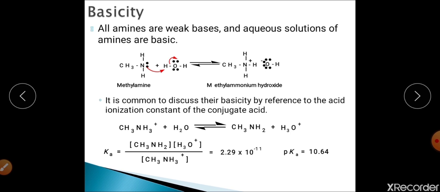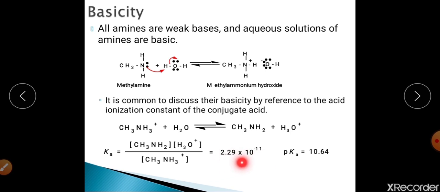When we talk about the basicity of the amines, we should talk about its pKb value, and the pKb value basically tells us about the basic nature of amines, or we can also compare the pKa value of the conjugate acid which is formed. For example, this is the conjugate acid of this particular amine, so we can compare the pKa value, and we know that the lower the pKa value, the higher the acidity of the particular acid.